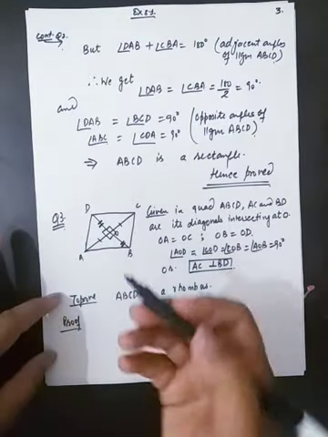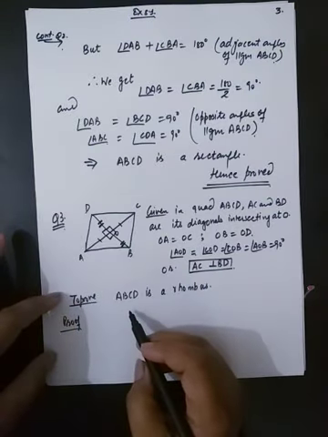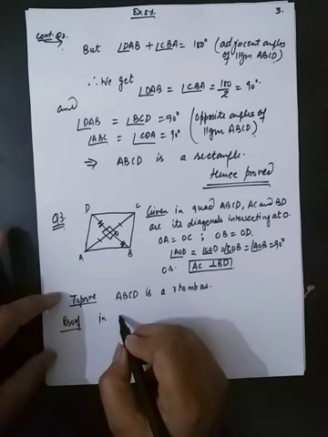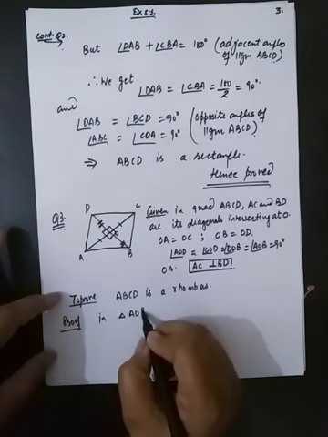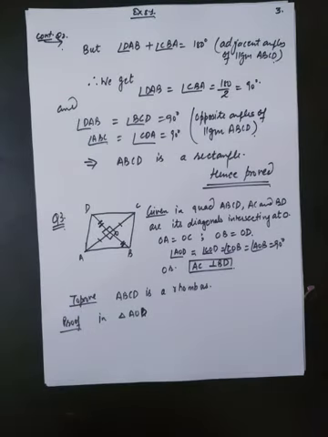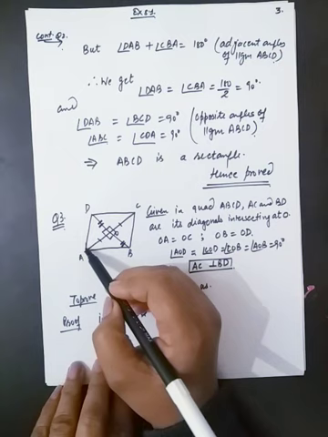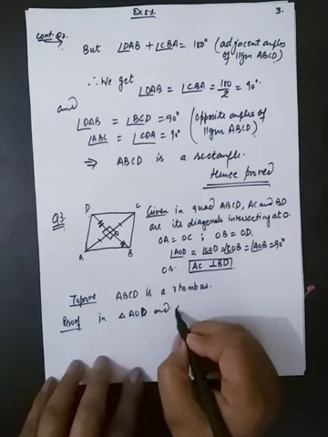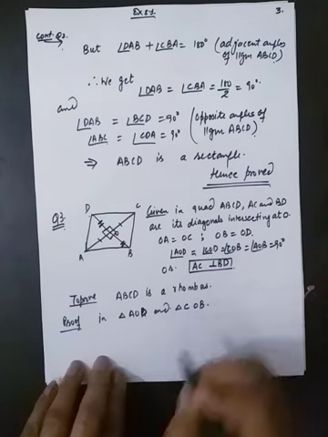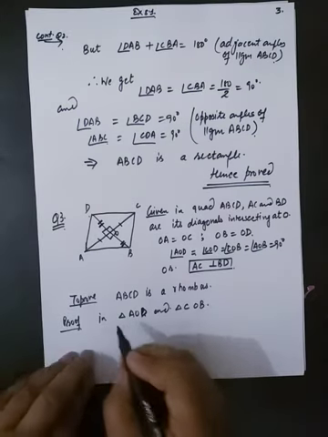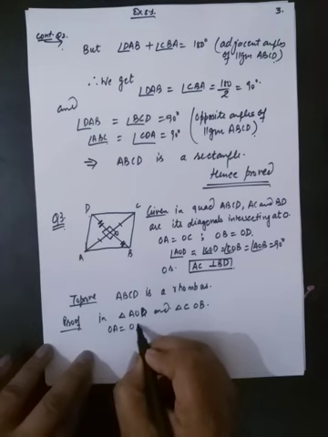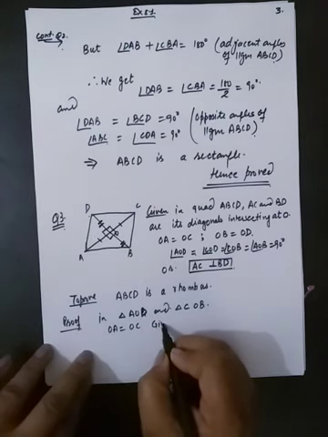Or you can take two opposite triangles also. Here I am taking two opposite triangles. Triangle AOD and triangle COB. In these two triangles you can see OA is equal to OC. This is given.